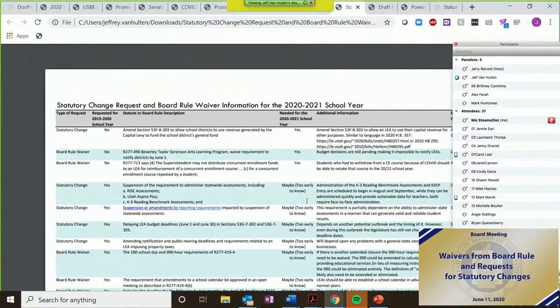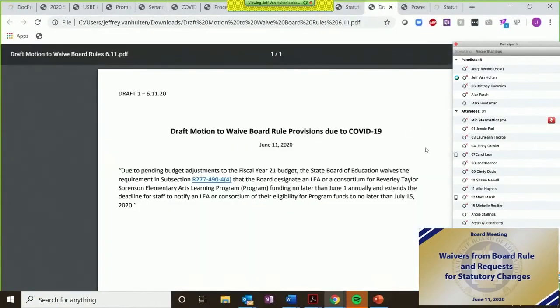There's a motion that we have with respect to the Beverly Taylor Sorensen Arts program. And then I'd also like to, after that, I do have a bit of a presentation or an update for you on our work related to the 180 and 990.